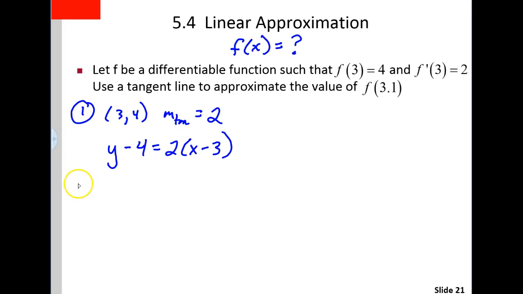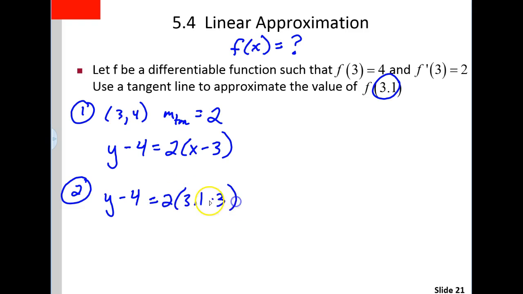All right, so now in step 2, we take 3.1 and we plug it into the tangent line. And so we get y minus 4 equals 2 times 3.1 minus 3. All right, so obviously 3.1 minus 3 is 0.1. So I have 2 times 0.1. So y minus 4 equals 2 times 0.1. What is 2 times 0.1? That's 0.2.